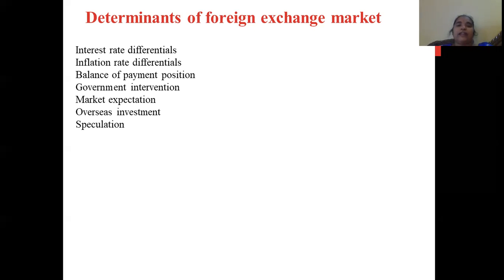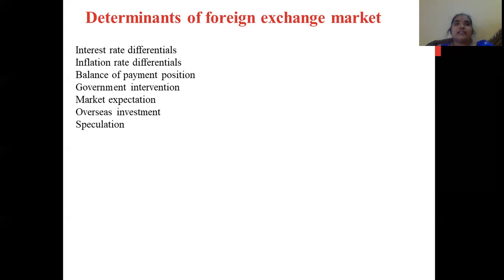Say for example, when you talk about international trade, we talk about exports and imports. In country A, the inflation rate is going down, meaning there is deflation, or the price of commodities is less. In country B, there is high inflation and so the commodity prices are high. So if I am from country B, instead of buying from my home country, I will buy from another country which has a lower price. So imports of that country will increase. When you are importing, you are paying foreign exchange.